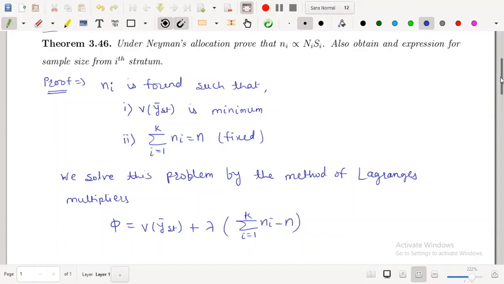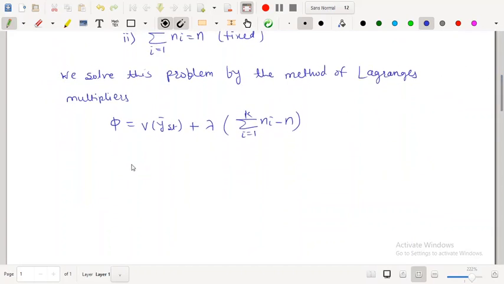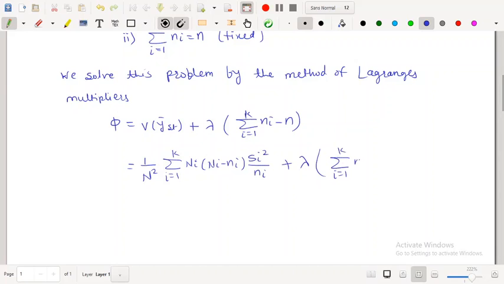We already know the formula for the variance of Y bar st in terms of ni. So put that formula, which is 1 upon n square summation i running from 1 to k of Ni into Ni minus ni Si square upon ni, plus lambda into summation i running from 1 to k of ni minus n.